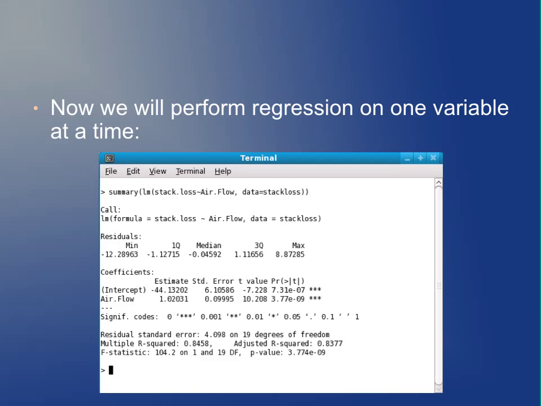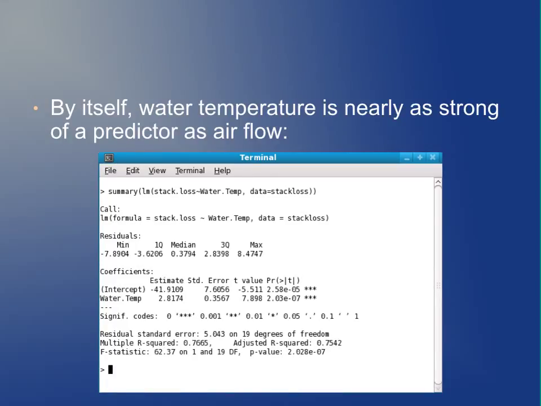If we look at airflow by itself, we get a larger coefficient, a stronger p-value, but the basic conclusion doesn't change, that airflow is a very strong predictor of stack loss. But when we look at water temperature, it's a little interesting. Water temperature by itself, if you look at the p-value and the r-squared, it's almost as good as airflow.